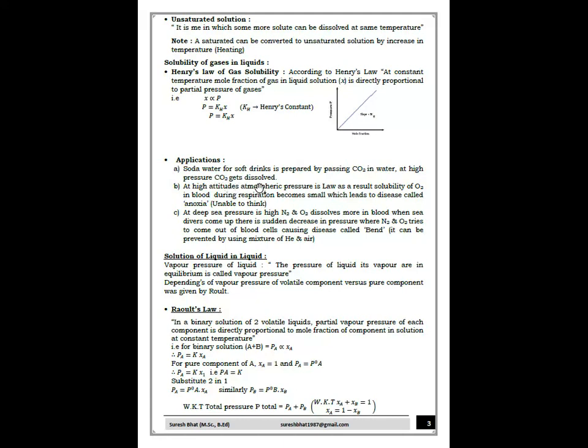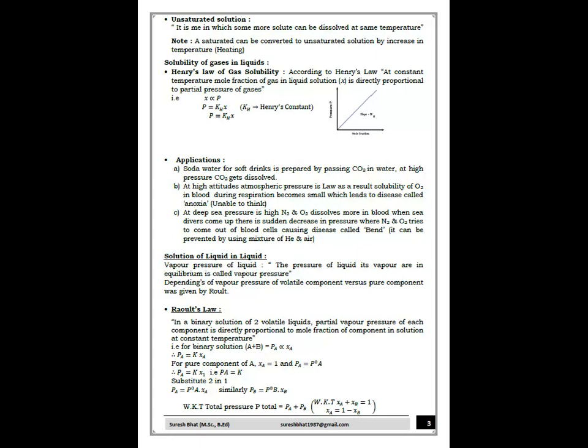Now, I would like to give an example which you might have observed in your day-to-day life. Say, for example, I have two soft drinks, Coca-Cola or Pepsi, anything. One of the soft drinks I place in a fridge or refrigerator, and I keep the other soft drink outside.